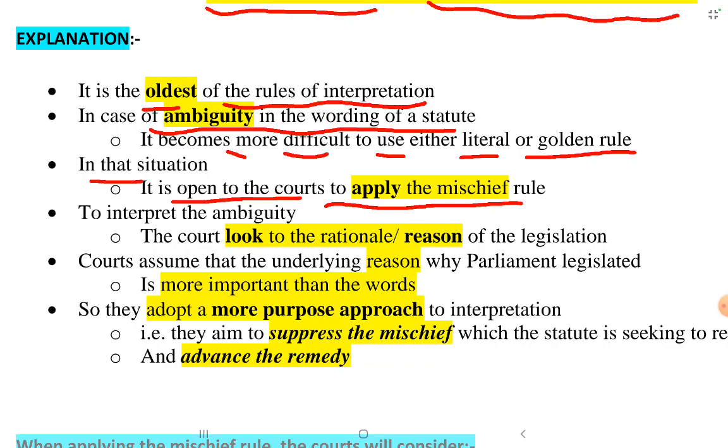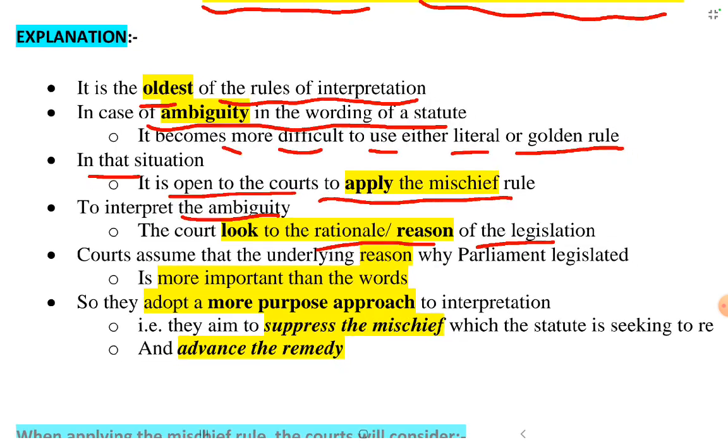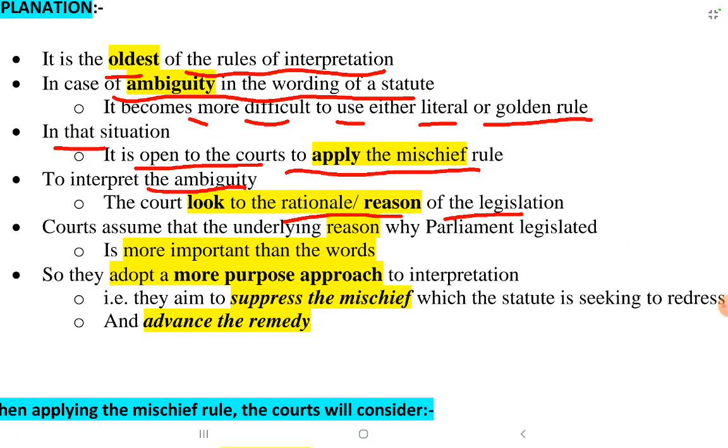To interpret the ambiguity, the court looks at the rationale or reason of the legislation. Courts assume that the underlying reason why Parliament legislated is more important than the words. So they adopt a more purposive approach to interpretation.